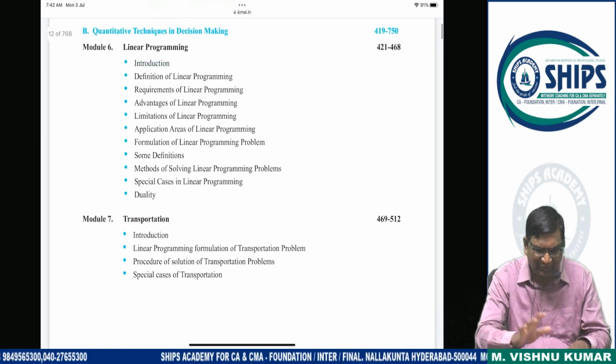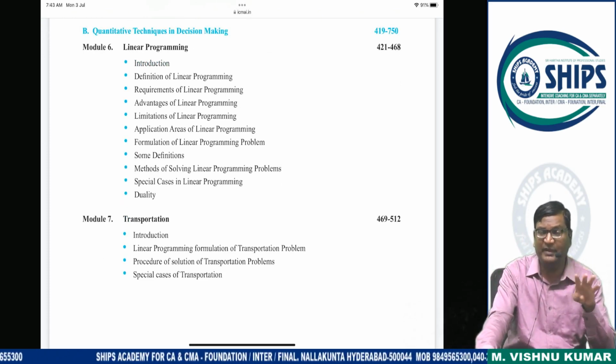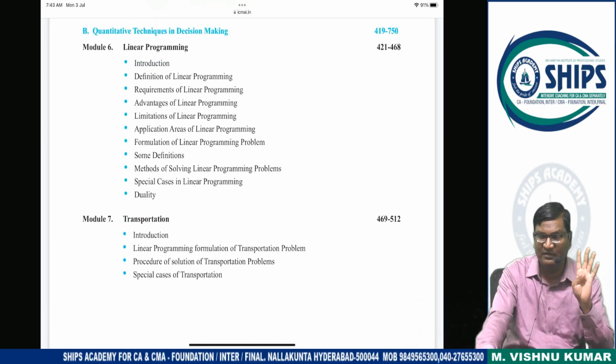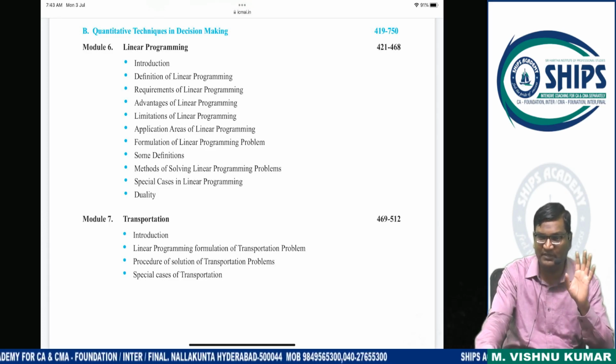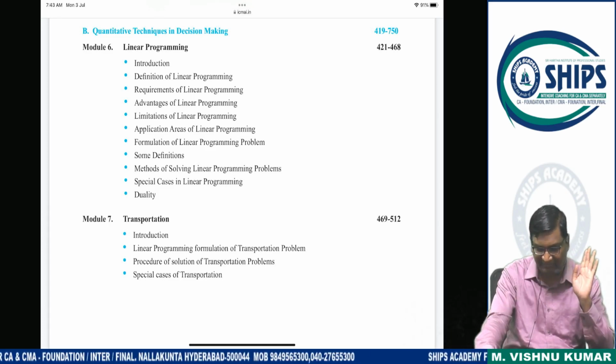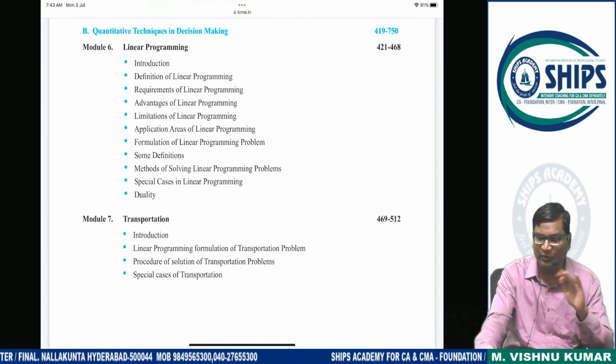After that, linear programming, QT. In linear programming, mainly 4 parts will be covered. One is formulation, second is graphical method, third is simplex method, fourth is duality, the dual model. Dual model means converting primal into dual.